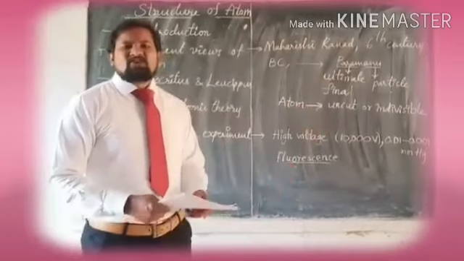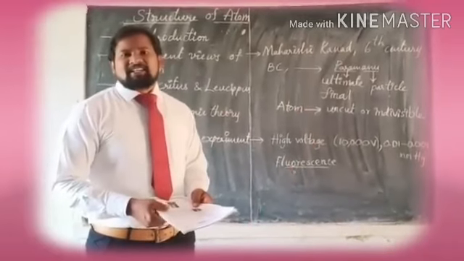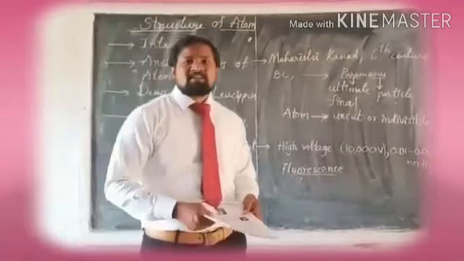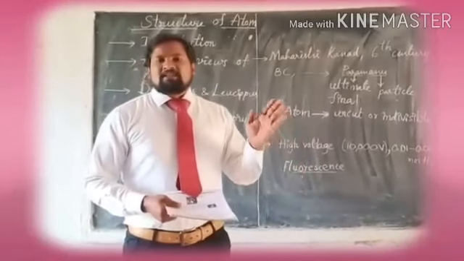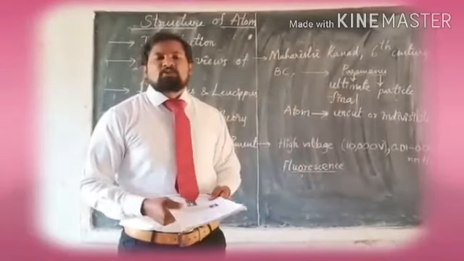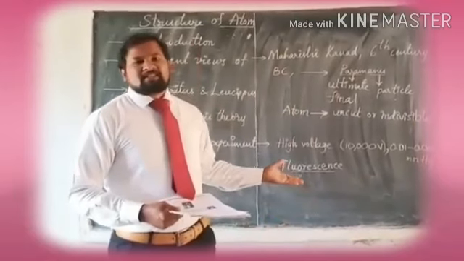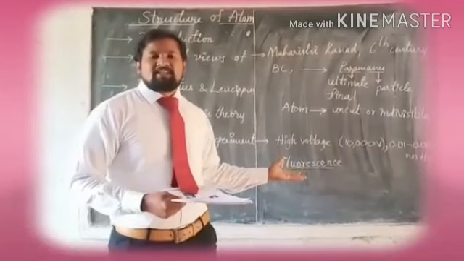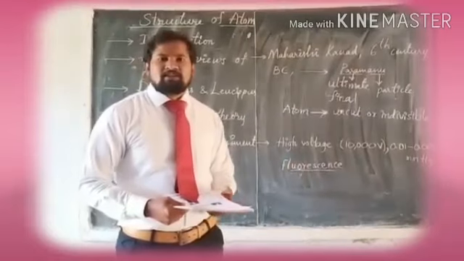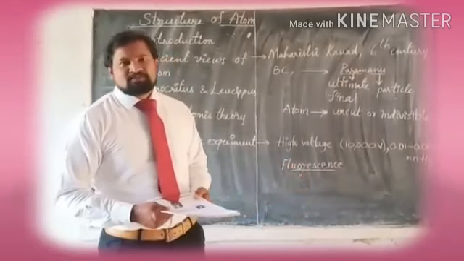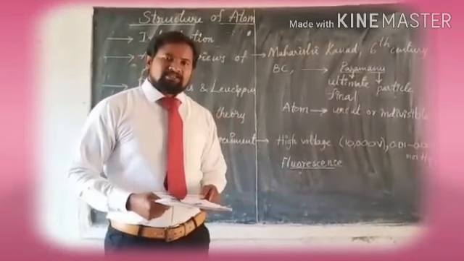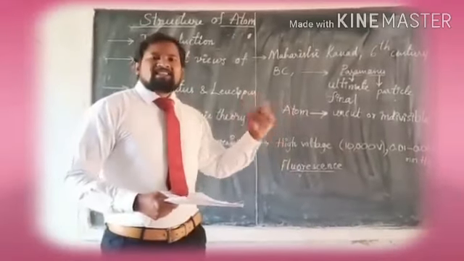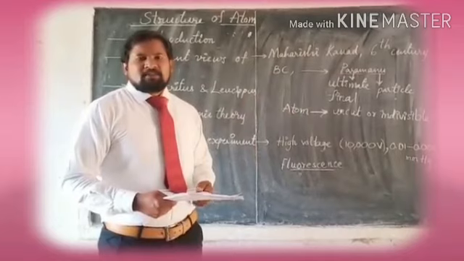These cathode rays were further studied by J.J. Thomson, and he noticed the types of particles present in those cathode rays. So let us see some of the properties of cathode rays that were studied by J.J. Thomson. Cathode rays are studied in many ways, knowing their particle nature.